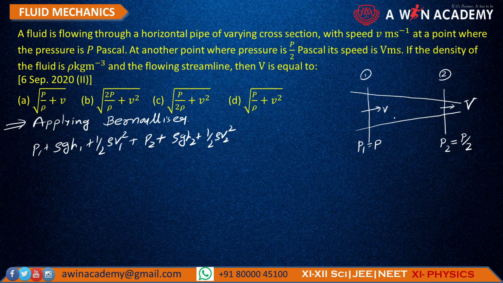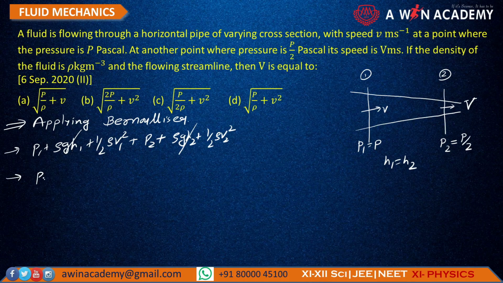But here we neglect the height of the pipe. So the height at both points will be equal. So we can cancel out this term rho g h, it cancels.